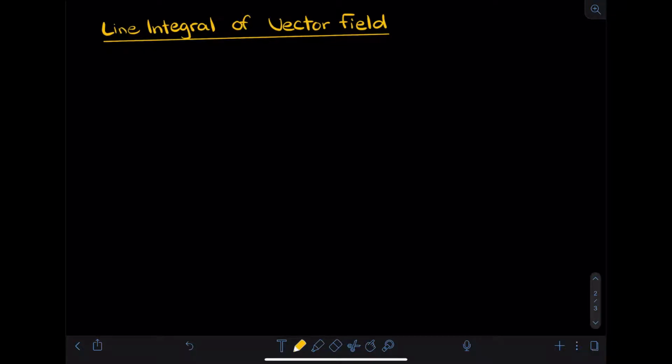So in general, a question would look something like this. We'll have the line integral over C, then we'll have the vector function f with the input x and y, and then we'll do the dot product with d lowercase r.